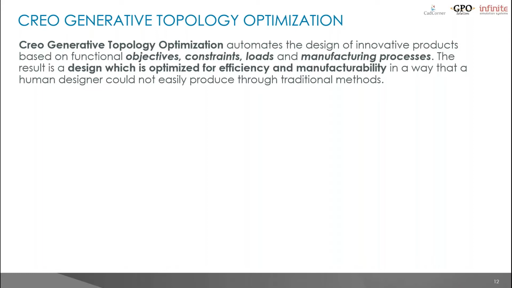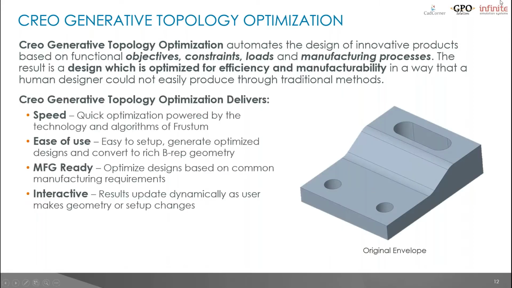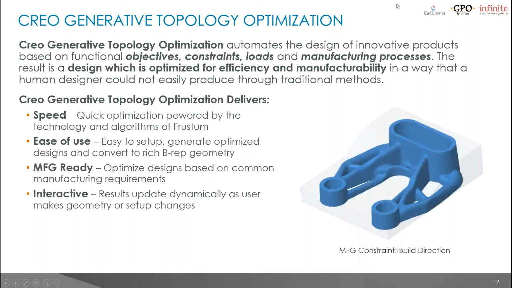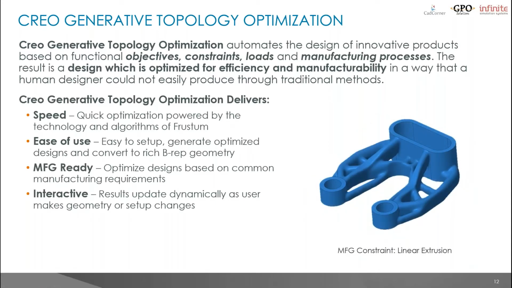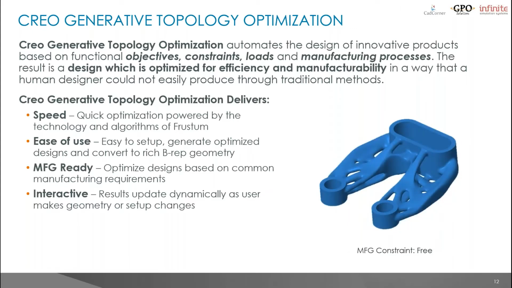Similarly to other topology optimization tools, you will start with the normal envelope shape, and then you define your, let's say, constraints, your conditions, and then the smart artificially driven generative design solver will go and generate your design based on your constraints. Once your model is optimized for your conditions, you then have the ability to go and reconstruct it in a completely manufacturable model, so a BREP model, which is very important.